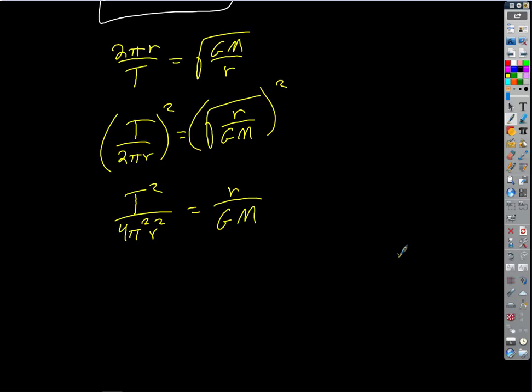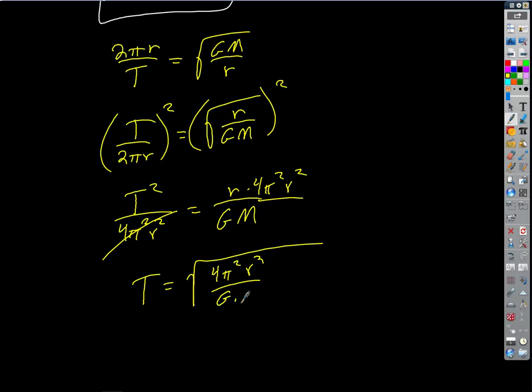So if I multiply each side through by 4 pi squared r squared, cancel those guys, right? Square root both sides. And what do we get? We get 4 pi squared r cubed divided by GM, okay.